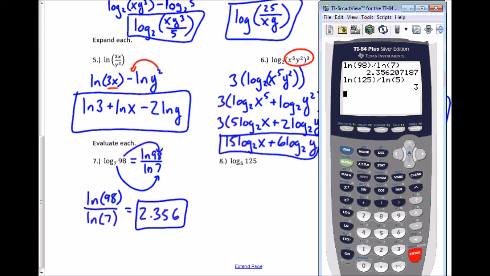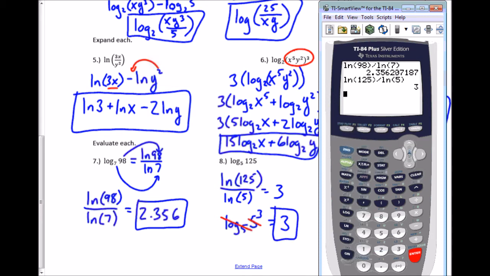The reason I know it's going to give you a 3, I just did it using my change of base formula, but this one can actually be done by hand. Keep in mind that if I have something like log base 5 of 125, I know that 125 is 5 to the 3rd power, and I know that log base 5 and the 5 are going to cancel each other out and just leave me with the exponent. So I can either do this by hand pretty quickly if I recognize it, or I can still use my change of base formula on the calculator.